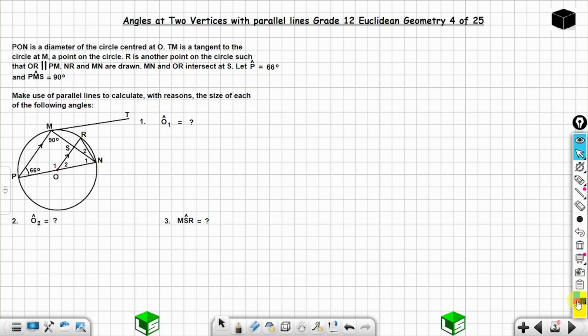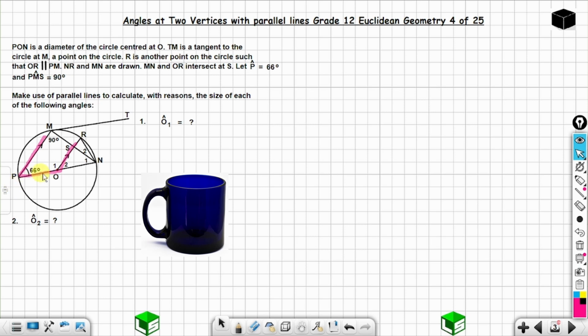Let me show you. Let me get my highlighter. Can you see? This is U, and you have PM parallel to OR. Remember from the previous slide, this angle plus this angle.